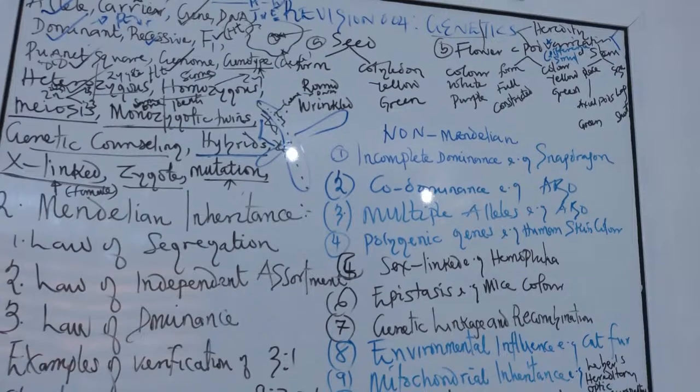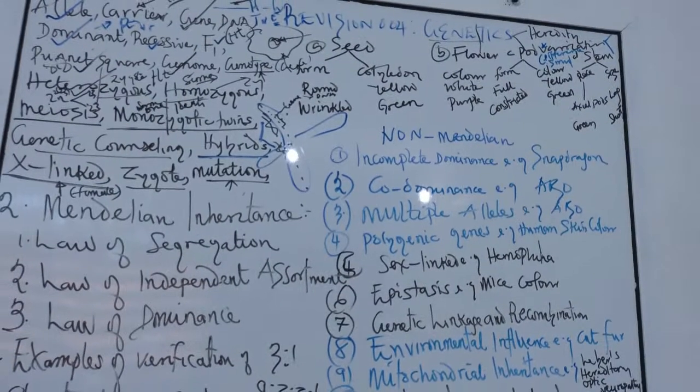Each of them will have the probability to be represented during gametogenesis. So it's not going to follow any pattern. It is going to follow the law of independent assortment. And the last one, dominance.